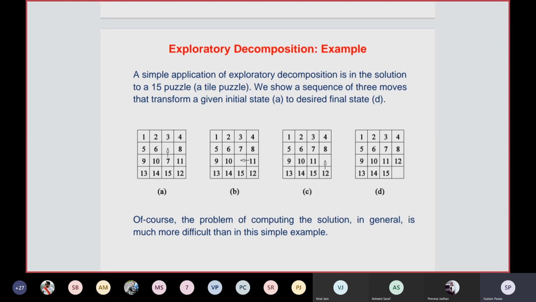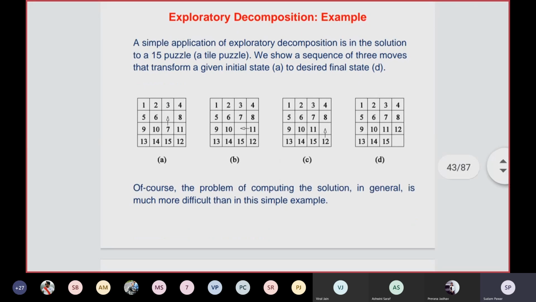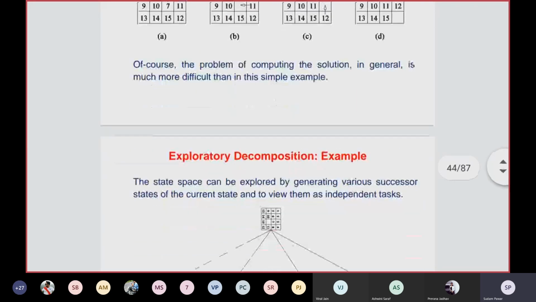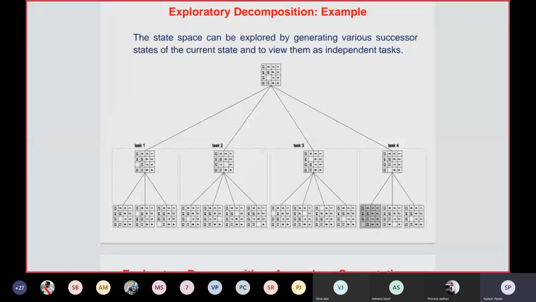You move 7 up, 11 left, then 12 up to get the desired result shown in matrix D. So this is the well-known example again of exploratory decomposition.